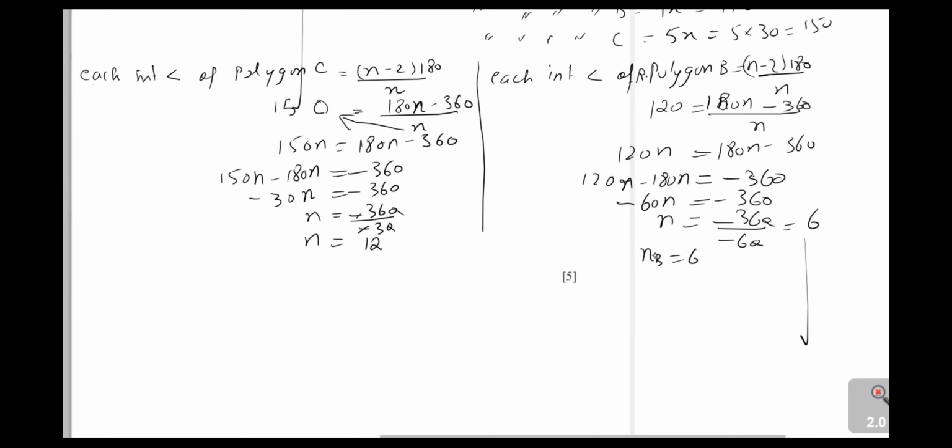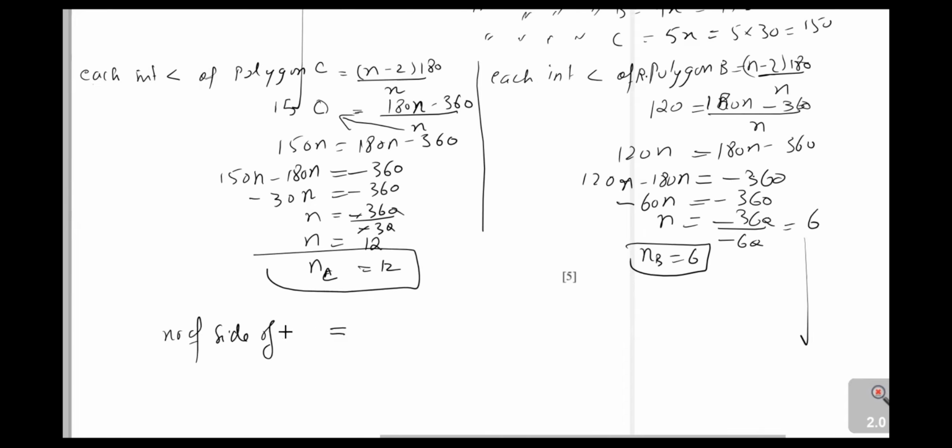This is NB, and this is NC. The number of sides of polygon C is 2 into 6, which is 2 into the number of sides of polygon B, which is 6.